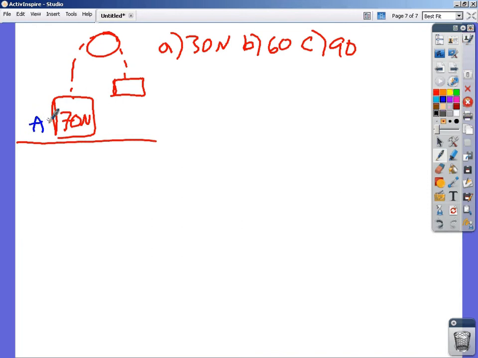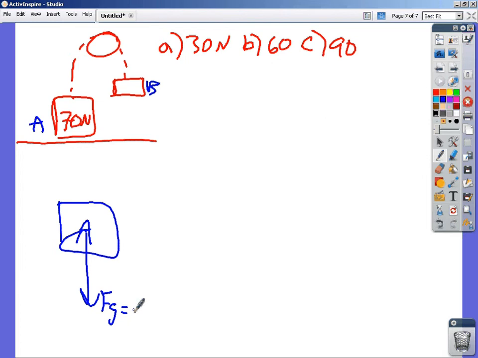So let's say this is block A, this is block B. For A, we're going to have FG pulling down on the box, which is going to equal 70 newtons. We're going to have some normal force, and gravity and tension force.